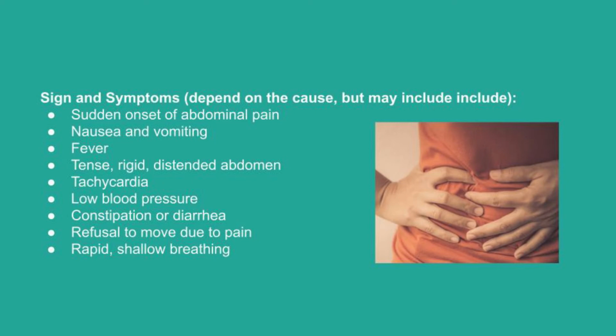Their abdomen may be tense, rigid, distended. They may have other signs and symptoms like tachycardia, which is a fast heart rate, low blood pressure, constipation, or the opposite, diarrhea. They may have a refusal to move because of pain. They may have rapid, shallow breathing.